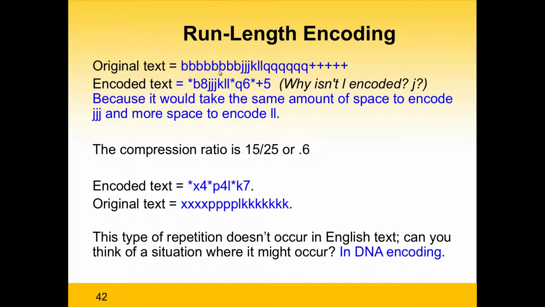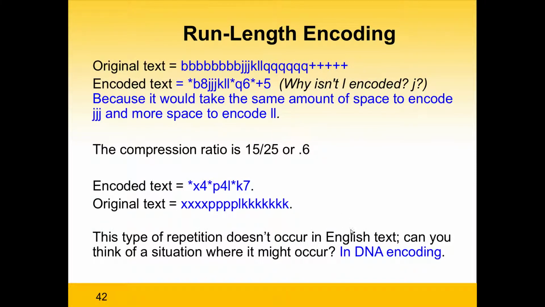So for instance, in this original text, the original size is 25, the encoded text is 15, so that gives us a 0.6 compression ratio, which is pretty good. It's almost half, but it's pretty good. Now this type of repetition doesn't really occur in the English language. So what would be a situation in which it might be useful?